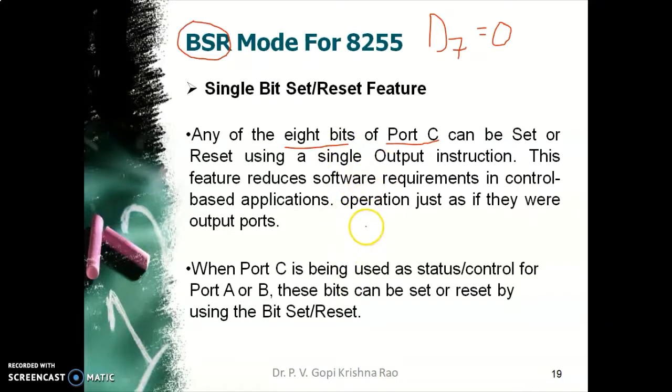So this is similar to set and reset. When we want to control 8 devices which are independent of each other, instead of using one entire port to achieve the job, we can make use of port C, which will save on the IO resources.